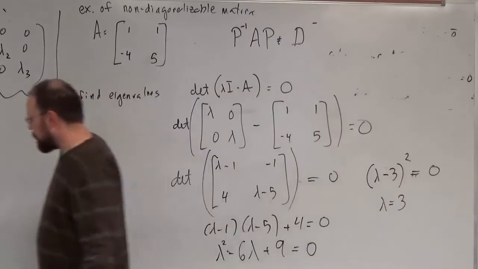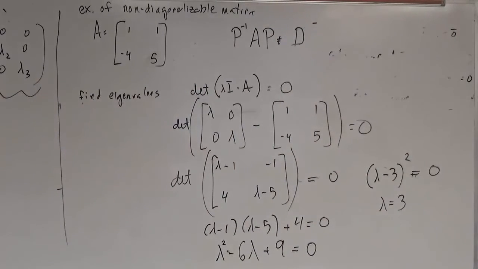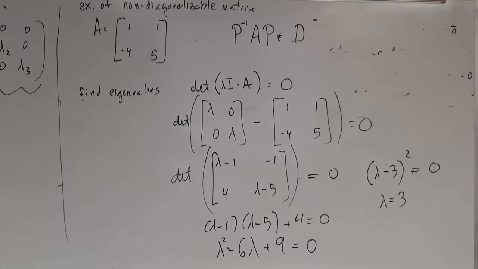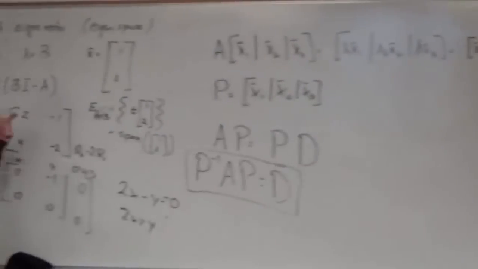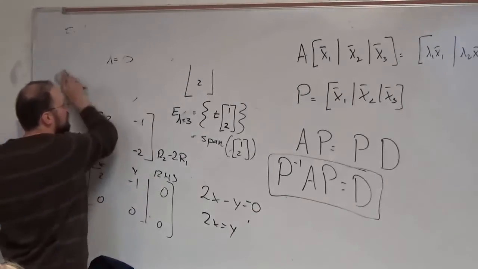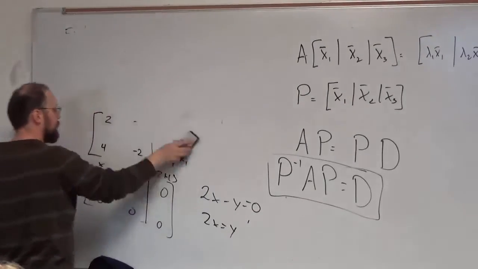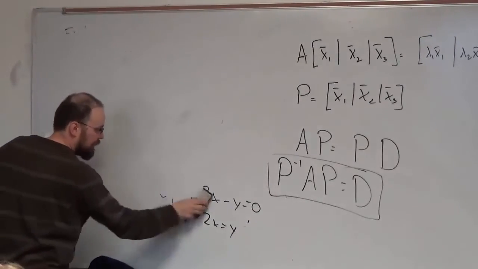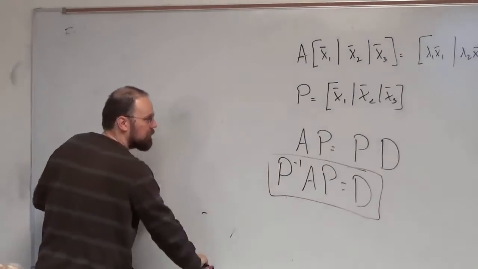And so now we get to the criteria by which we know whether you can diagonalize the matrix or not. It's simple. If you have an n by n matrix, it is diagonalizable if and only if it has n linearly independent eigenvectors, because you need a basis.